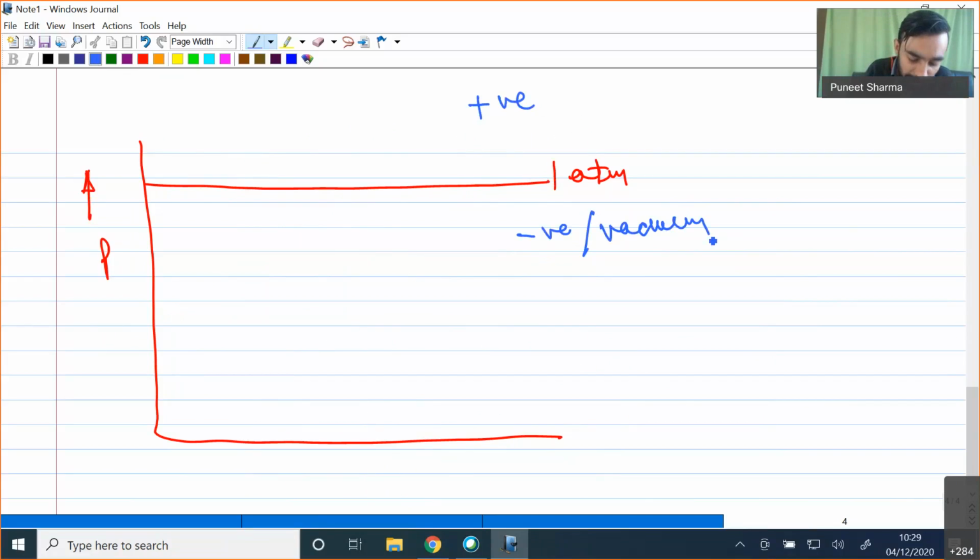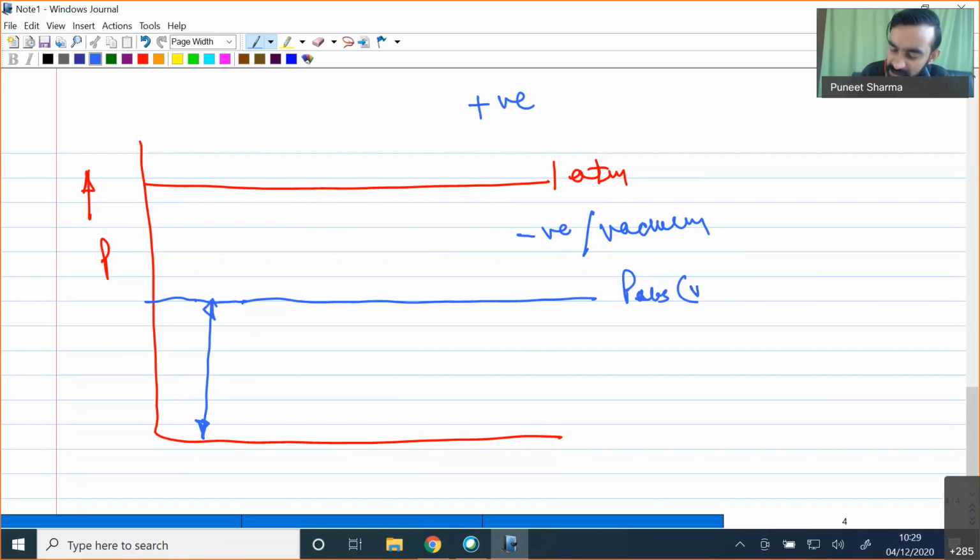If I obtain the value at this particular location, measured with reference to absolute vacuum, this will be the absolute value of pressure. Because it is less than 1 atmosphere, it represents our vacuum pressure.